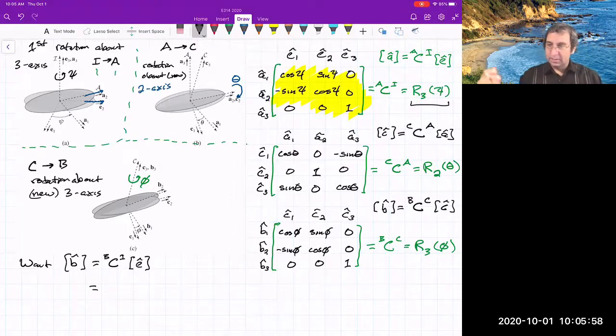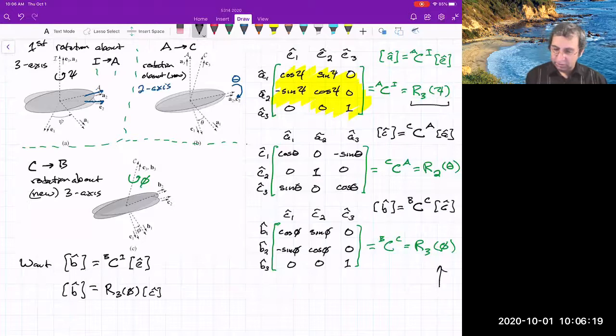Well, it's this sum of notations. B, let's write what we have. B equals R3 phi of C. So I'm just going from up here on the right-hand side.